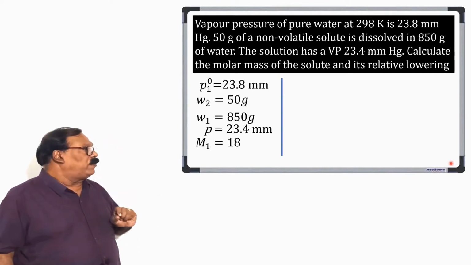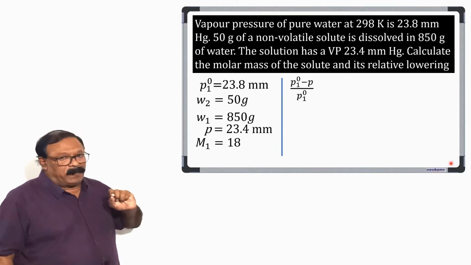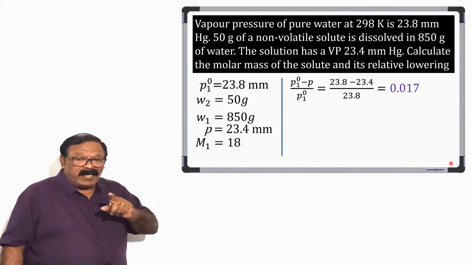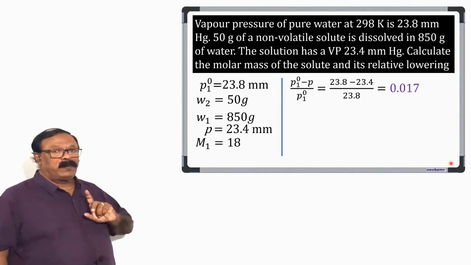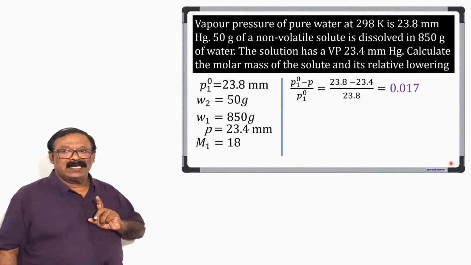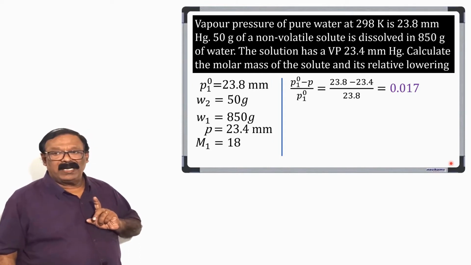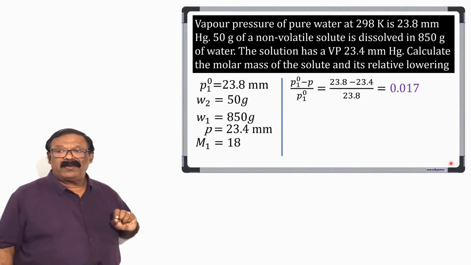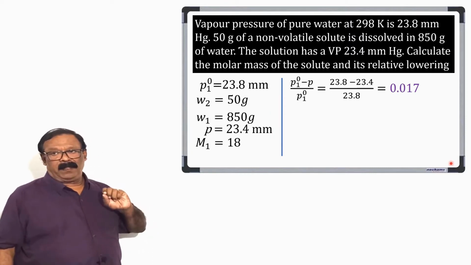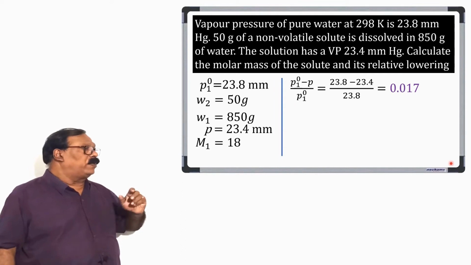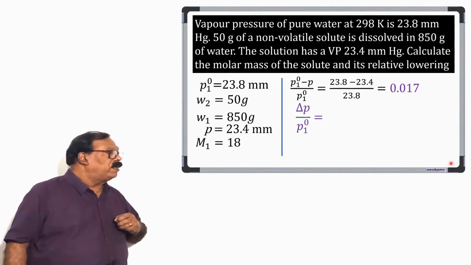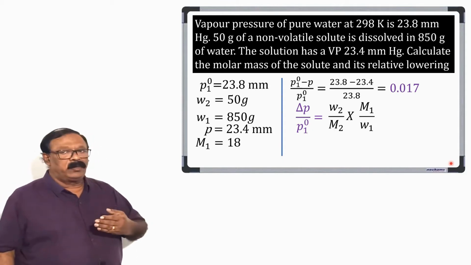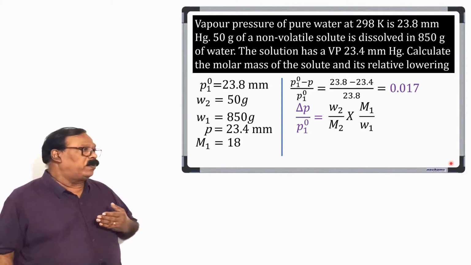So we have relative lowering P01 minus P by P01 equal to 23.8 minus 23.4 by 23.8, which gives you 0.017. So 0.017 is the relative lowering of vapor pressure. Now let us calculate the molar mass. We have the equation delta P by P01 equal to W2 by M2 into M1 by W1.